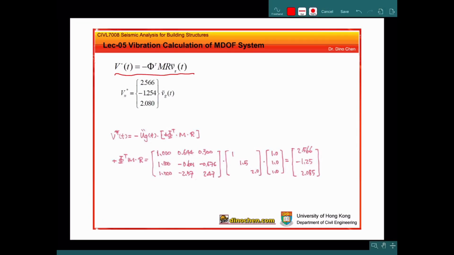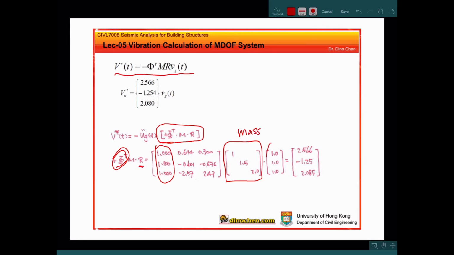So in this equation, we know that we need to compute the mass first, generalized mass first. So we also use the transpose of the phi matrix. This is the first column equal to 1, 0. So we know that this is the transpose of the phi matrix, multiplied by the mass matrix, the original mass matrix, and by R. What's the R mean?